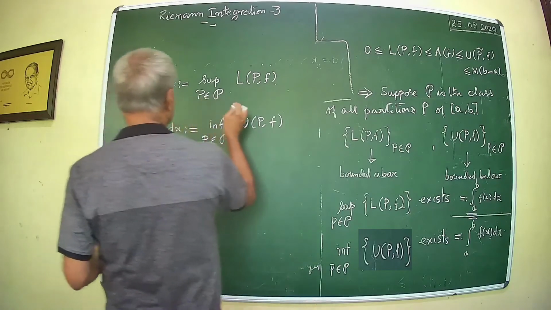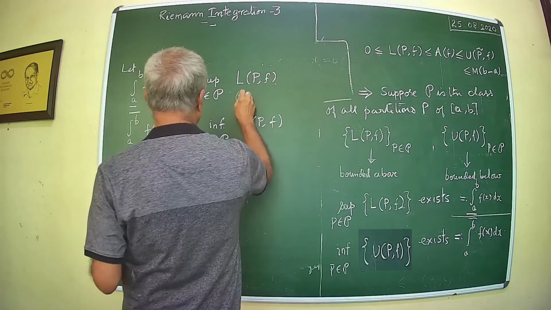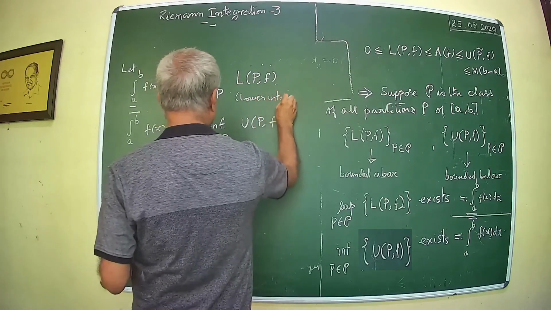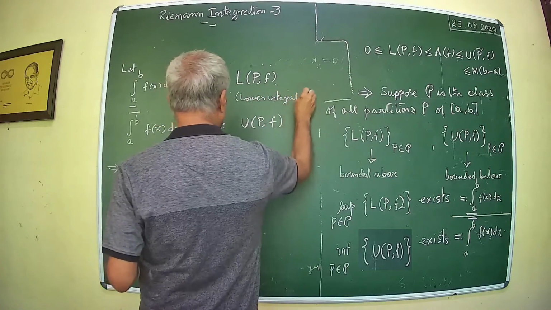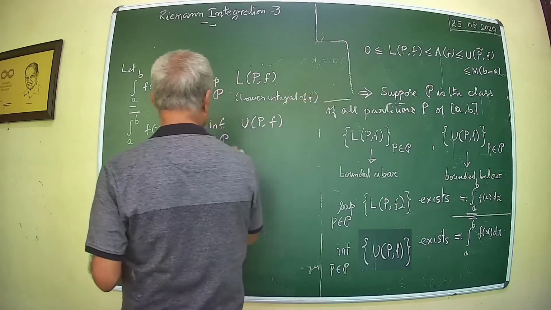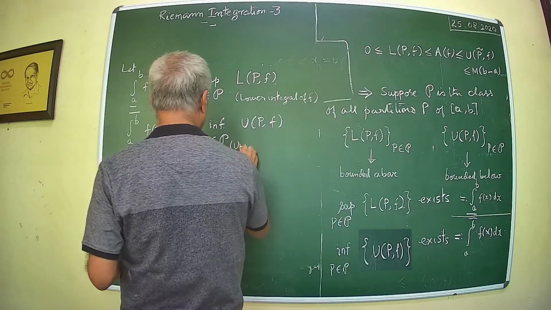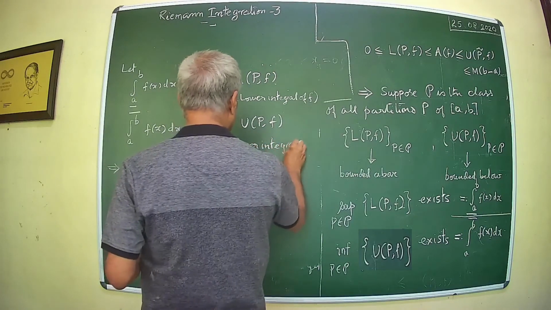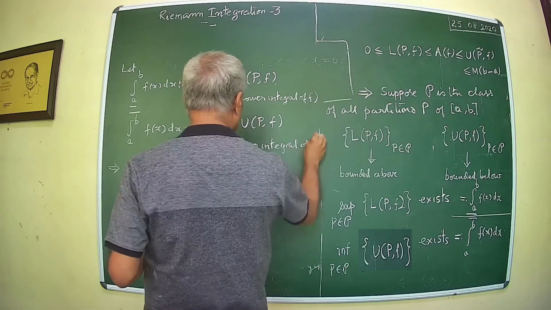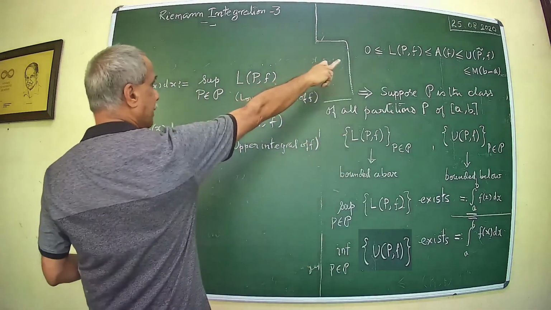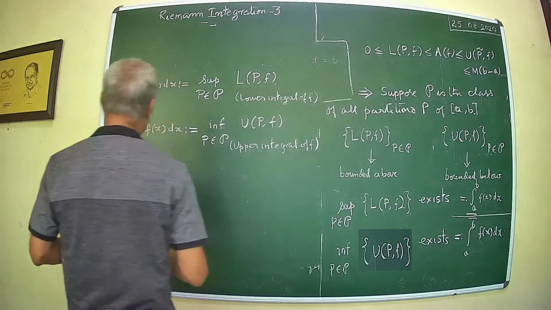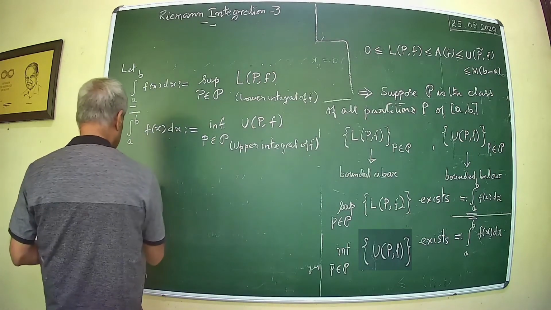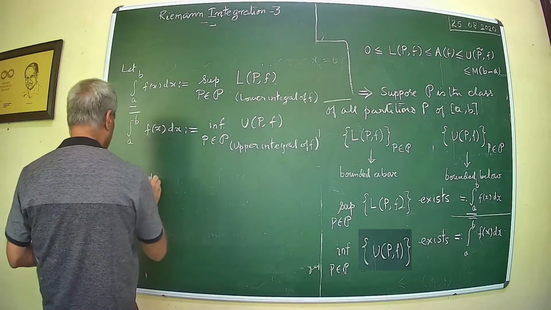So this is the lower integral, and this is called the upper integral. Now from that basic inequality, it follows that the lower integral from a to b is less than or equal to the upper integral from a to b.